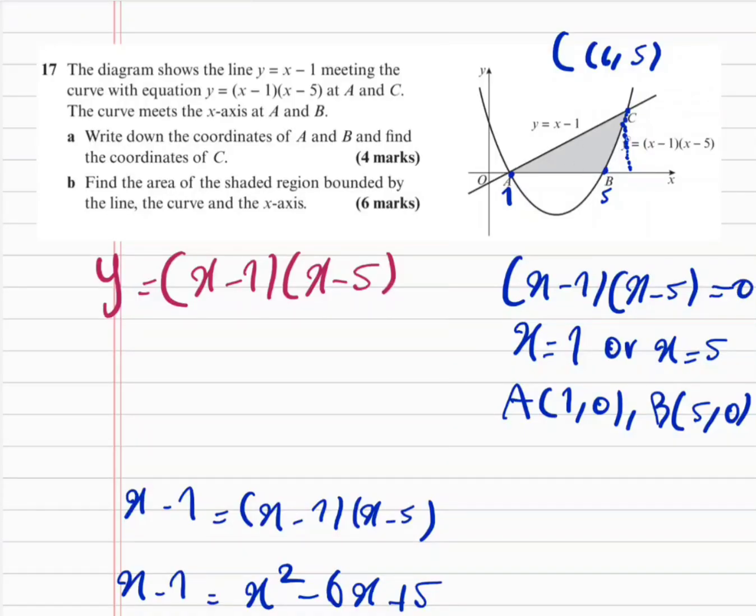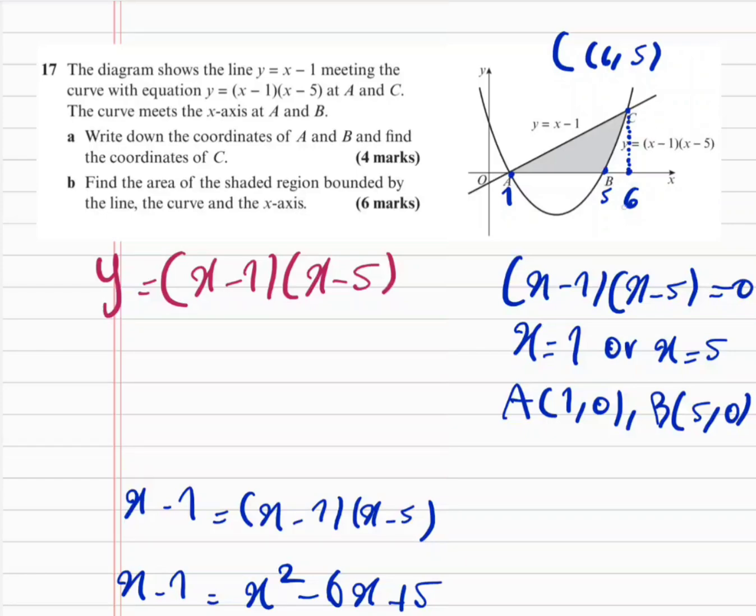So maybe it's better to draw a better perpendicular line. So we roughly have something like this. And let's say here is point D, which has x coordinate of 6, obviously, because that's just perpendicular. So that's the same x coordinate as point C.